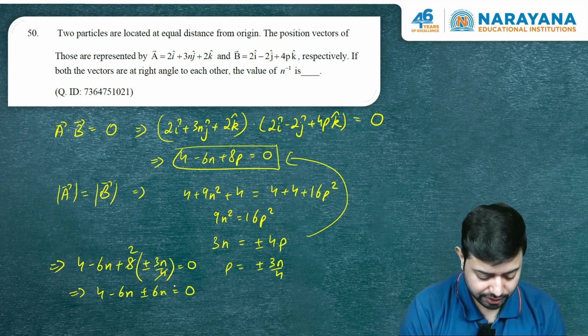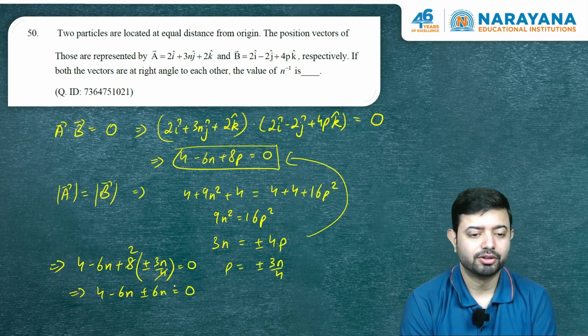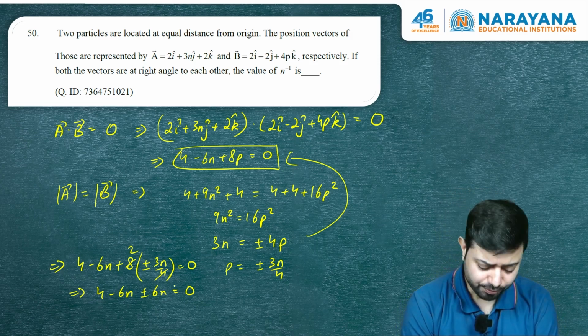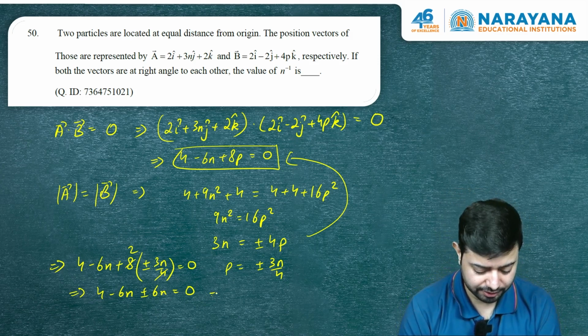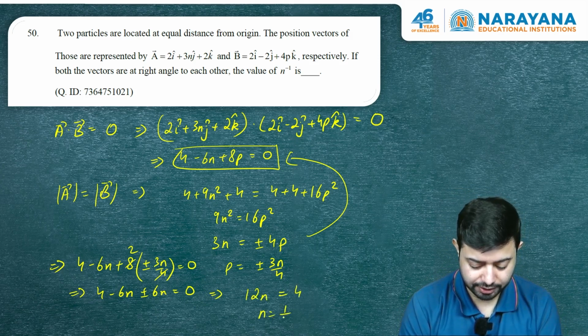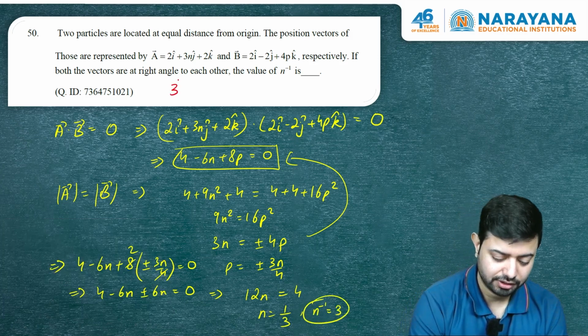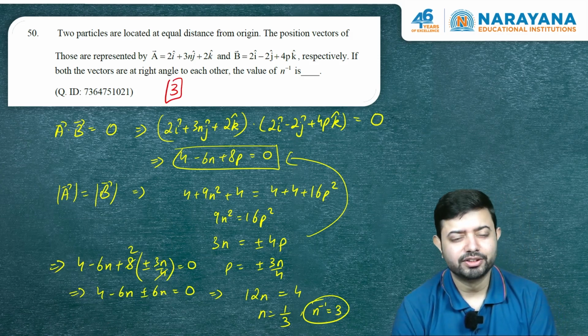Well, you can easily see that I will not take the plus 6n, otherwise it will not be satisfying, right. I will take the minus 6n. So what do you get? It is going to be 12n equal to 4, and therefore, n is 1 by 3. So what is n to the power minus 1? It is 3. So what is the correct answer for this question? It is 3. I hope it is clear, right.